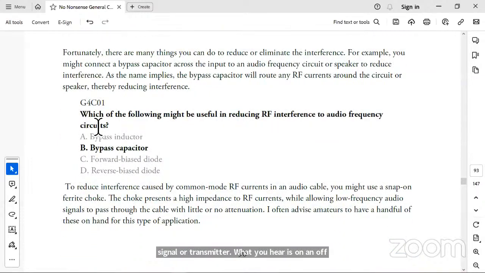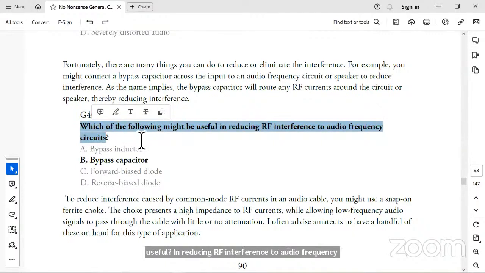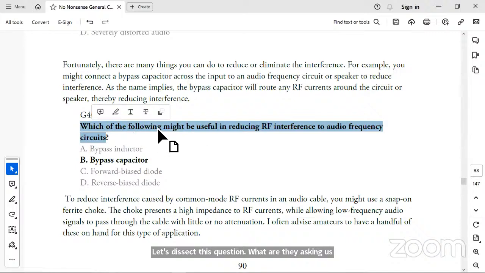Right. Next question. Which of the following might be useful in reducing RF interference to audio frequency circuits? Let's dissect this question. What are they asking us? Which of the following, and they mean devices or components, might be useful to reduce RF interference?